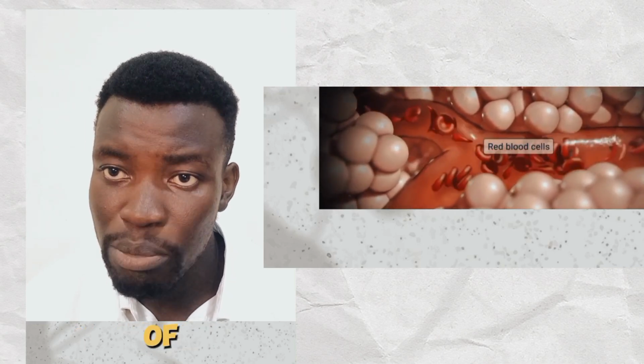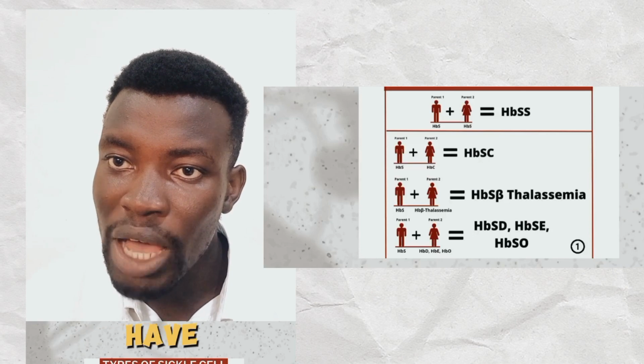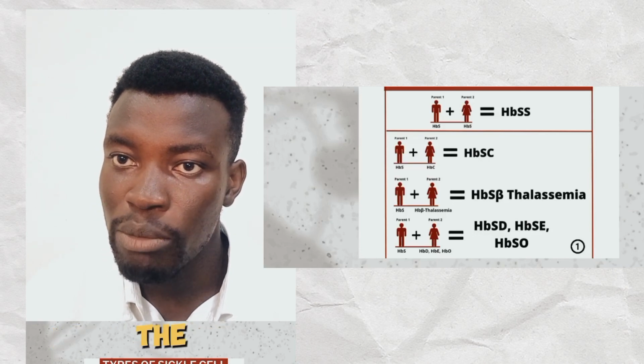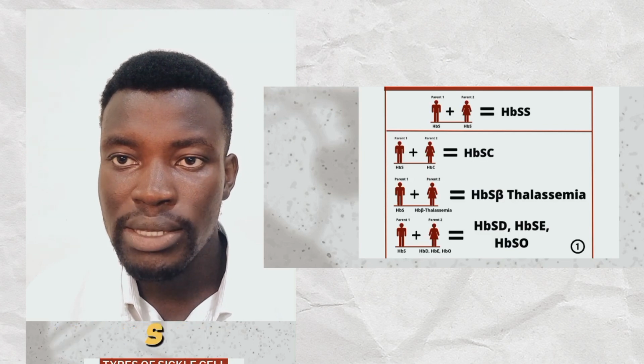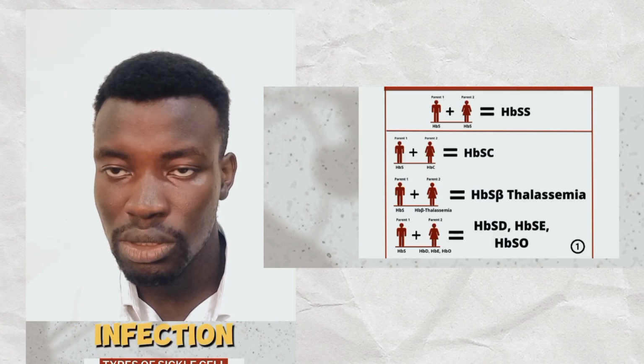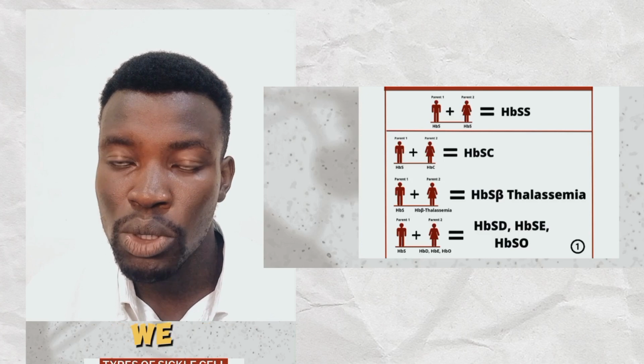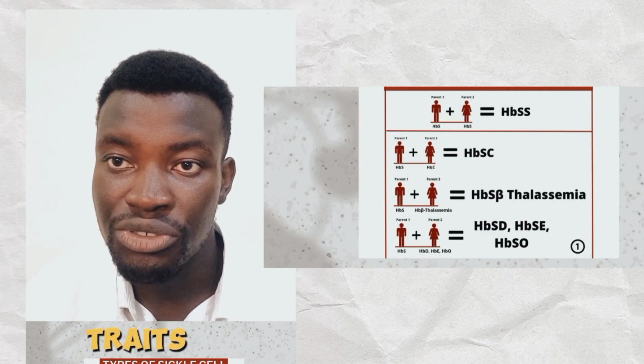So there are various types of sickle cell disease. So we have the hemoglobin S, we have the hemoglobin AS. That means the hemoglobin AS seems to be a mild infection, and sometimes these people, we call them the sickle cell traits.